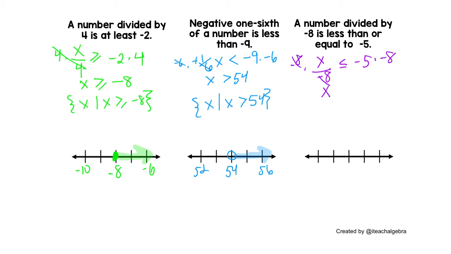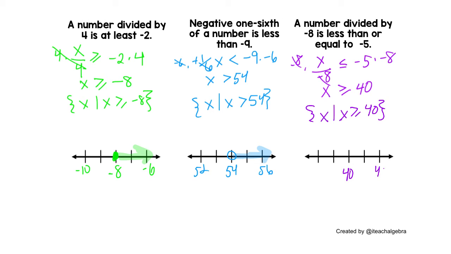Cancel those out, and x is less than or equal to, oh, I forgot it again. Multiplying by a negative, so we're going to flip our inequality around the other direction. Let's write it in our solution set notation. X given that x is greater than or equal to 40.